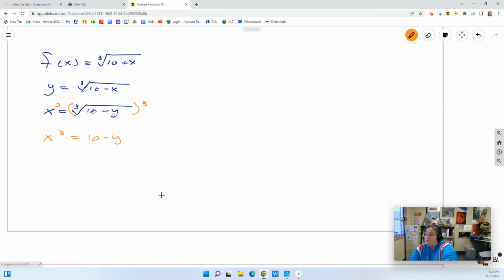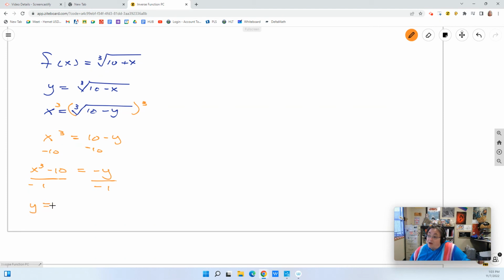When I go to solve this for y, I'm going to start by subtracting 10 from both sides, and I get x cubed minus 10 equals negative y. I don't care what negative y is, I care what y is. So I'm just going to divide everything here by negative 1, and it just changes the signs of everything.